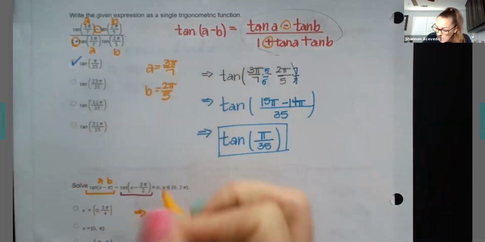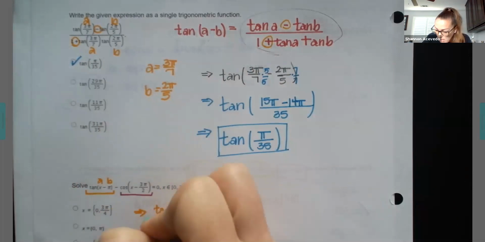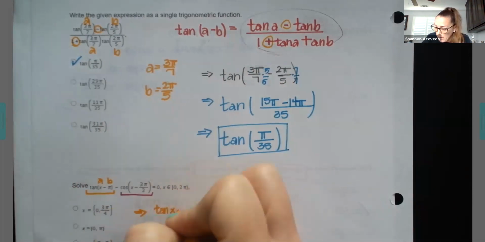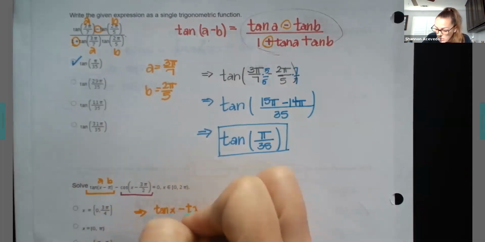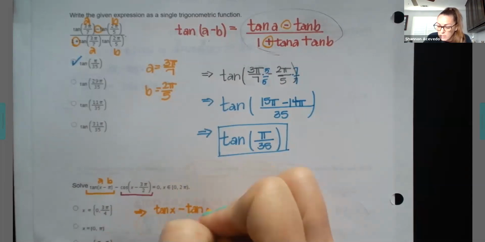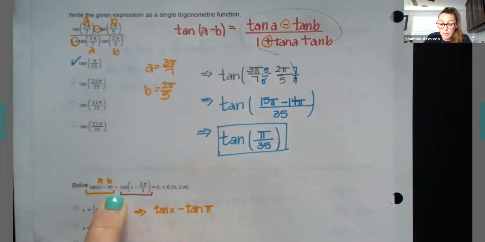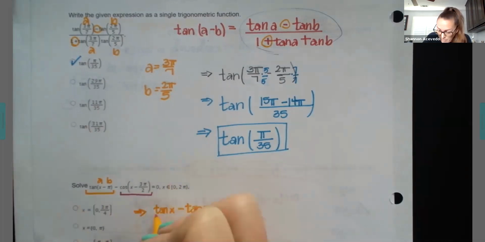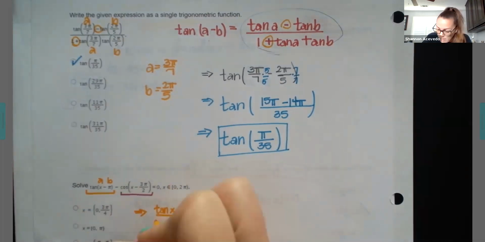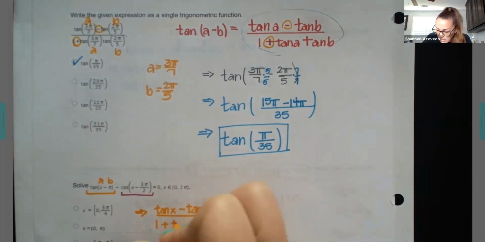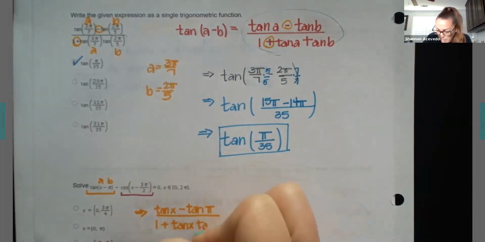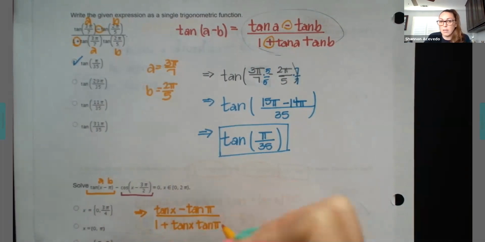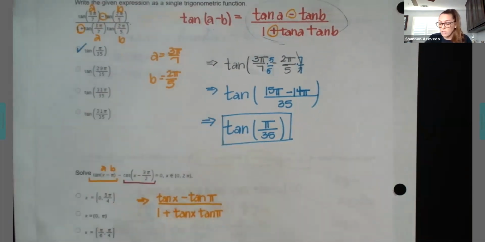So it's going to be tangent of x minus tangent of pi, because that's what I have as my A and my B, all over 1 plus tangent of x, tangent of pi. All right, so that's this first piece.